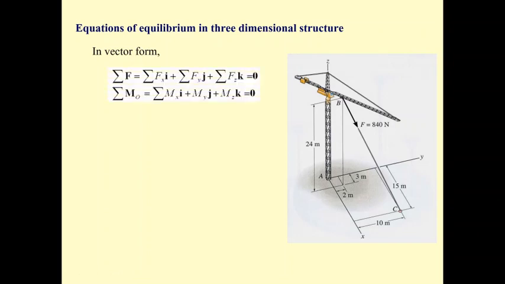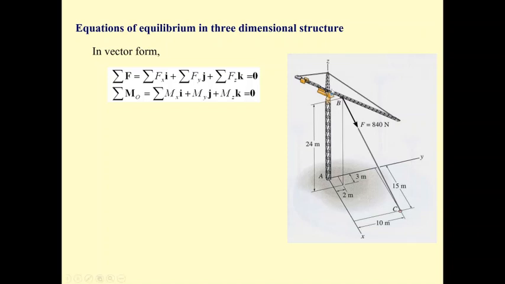If this structure is to be in equilibrium, that means the force vector that's acting on it must be 0. The moment vectors that are acting on it also must be 0.